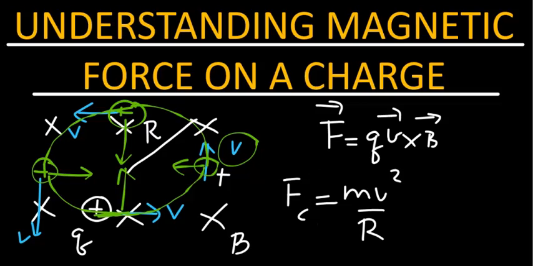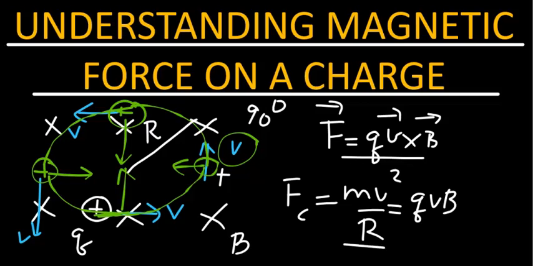Thus, in this case, since everywhere the angle between the velocity and the magnetic field is 90 degrees, the magnitude of that magnetic force is quite simply q v B. So this is an essential equation that can be used to determine various parameters for this motion. One of them is the speed of that moving charge.